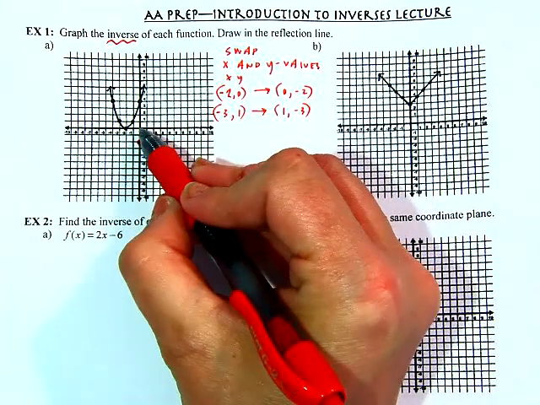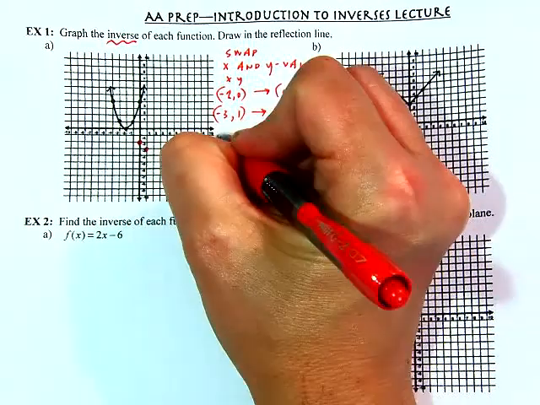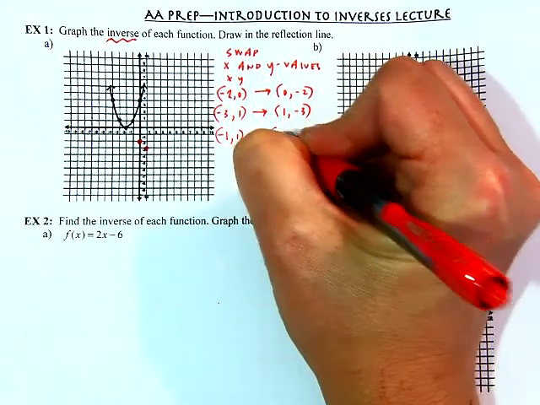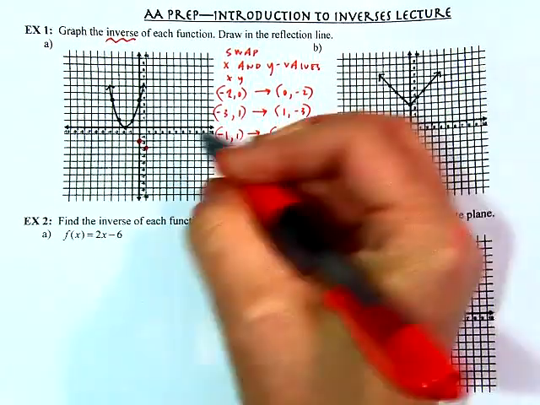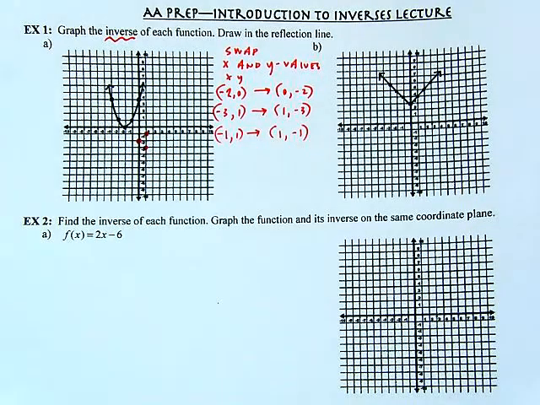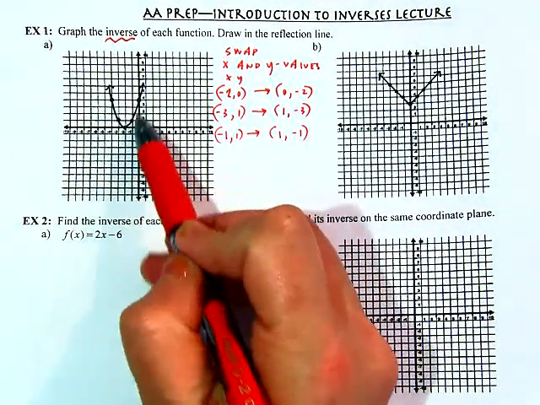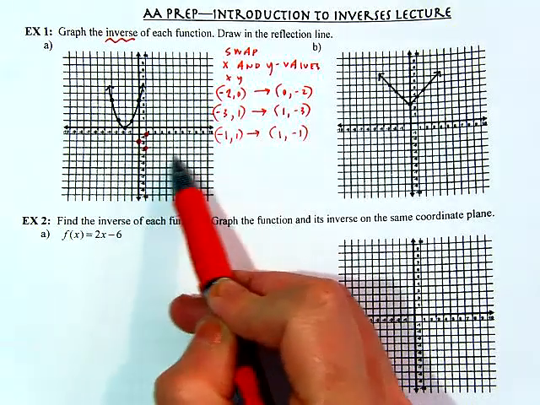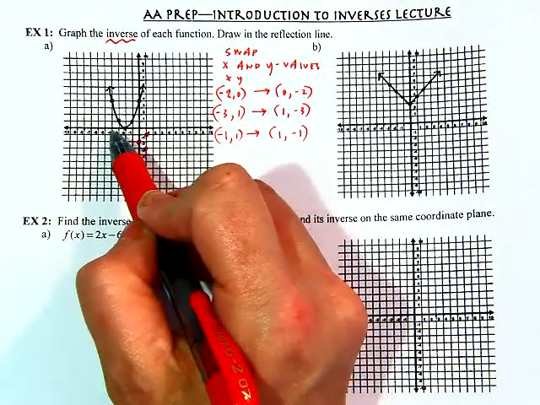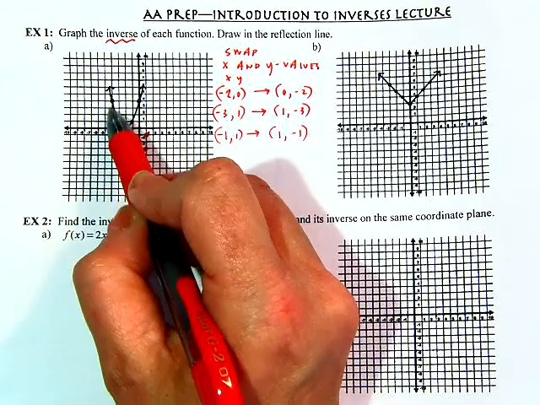Okay, this point right here, left 1, up 1. So -1, 1. We swap and it becomes 1, -1 right here. So I'm able to see that my upright parabola is looking sideways right now. These last 2 points, this was -4, 4.